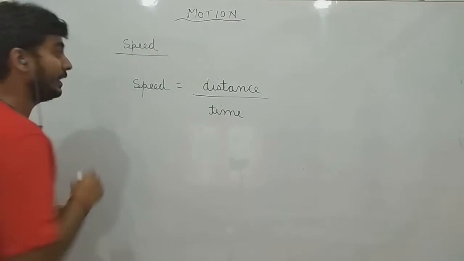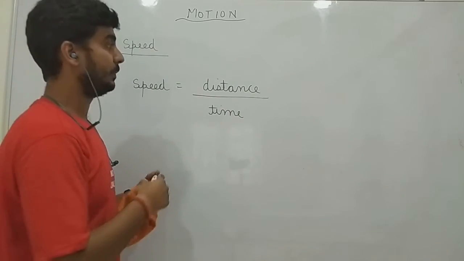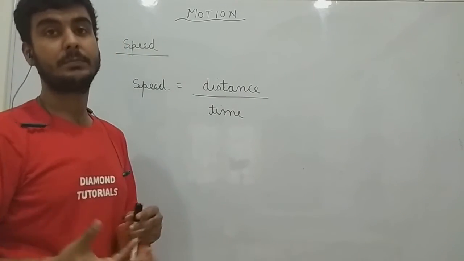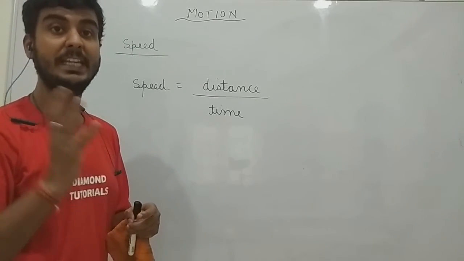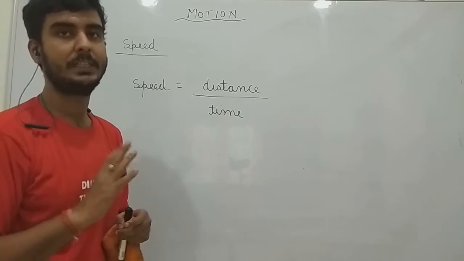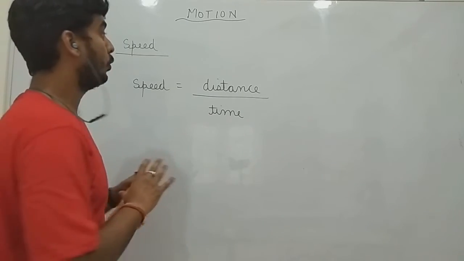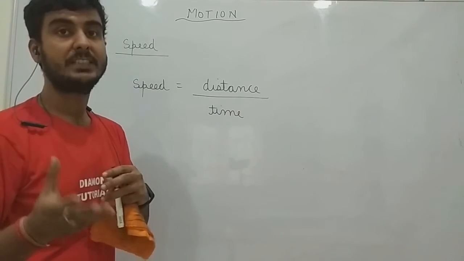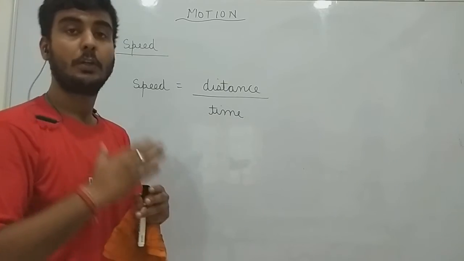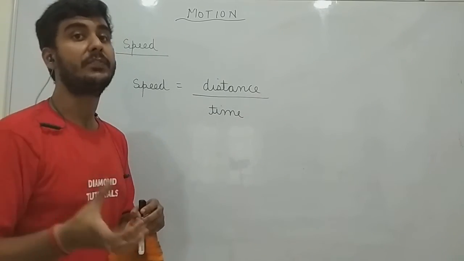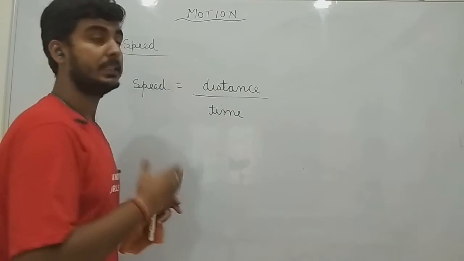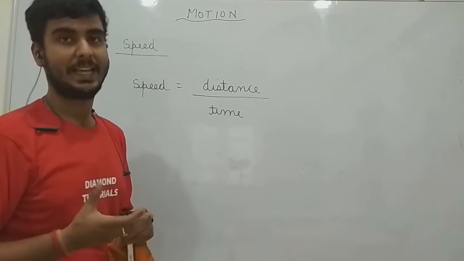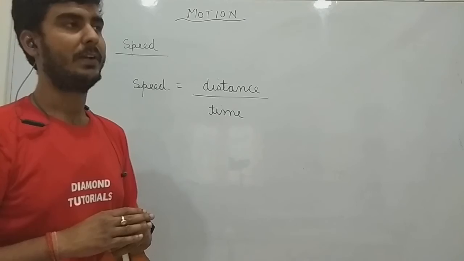And speed will not have any direction. Sometimes speed and velocity may be equal in magnitude. Sometimes. So it does not mean that speed and velocity will always be equal. They are two very different quantities. Speed does not have direction. It is a scalar quantity and velocity is a vector quantity.